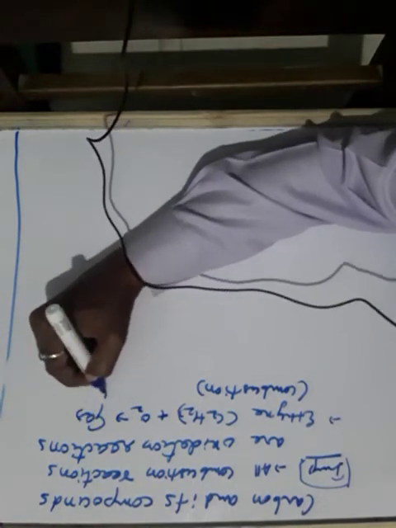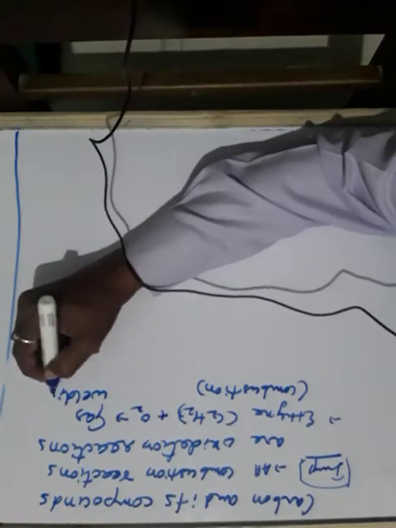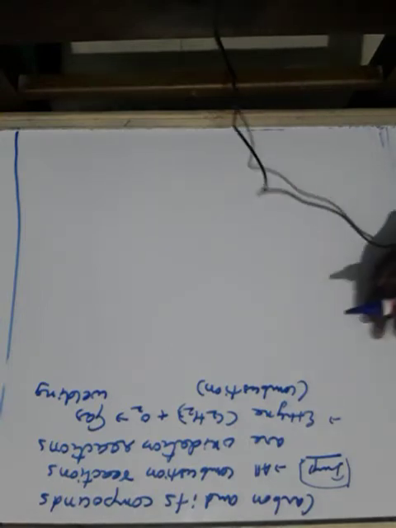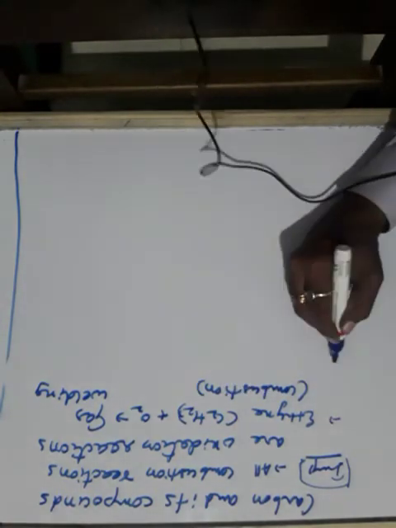Gas welding. We call it gas welding, no? There is a big tank-like structure, and from there they go for gas welding. That is called gas welding. So ethyne is used in gas welding.